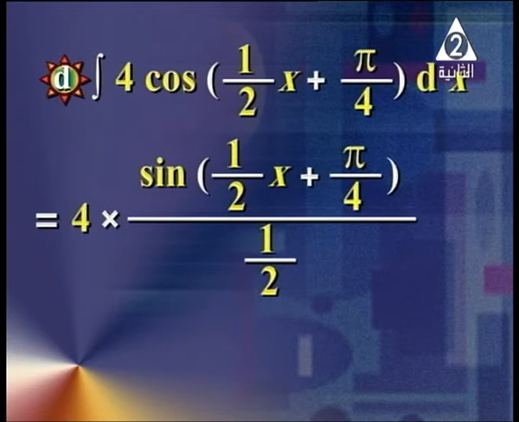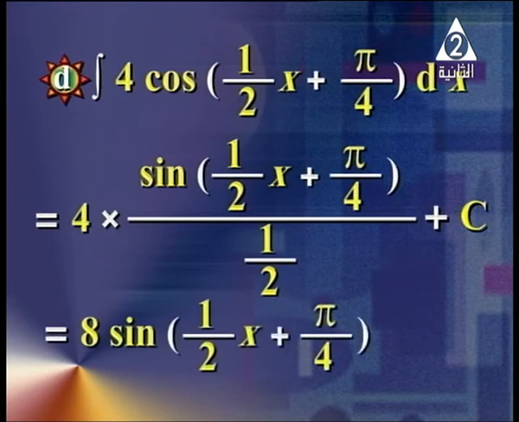Sine of the bracket, after that divided by the coefficient of x, divided by 1 over 2, plus c. Then the integration becomes 8. Why? 4 divided by half means 4 times 2. 8 sine of the bracket 1 over 2 x plus pi over 4, plus c.